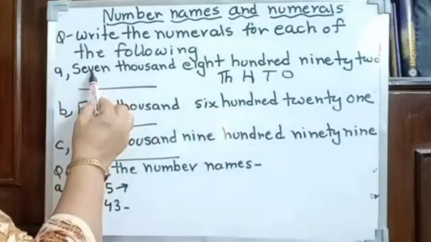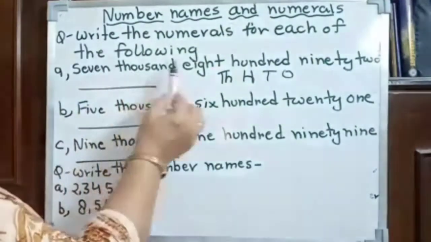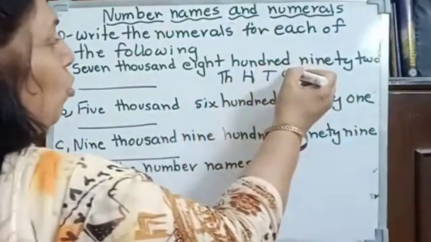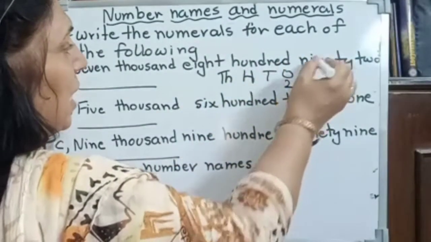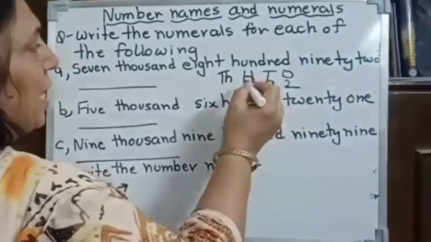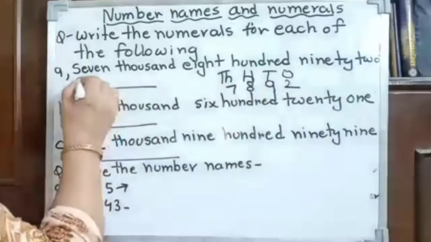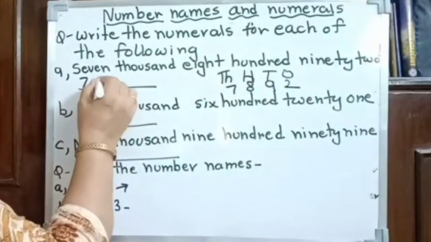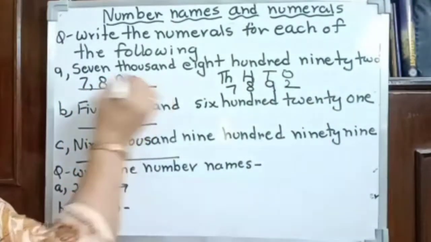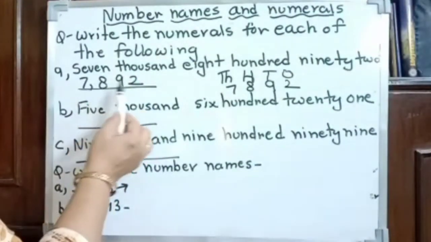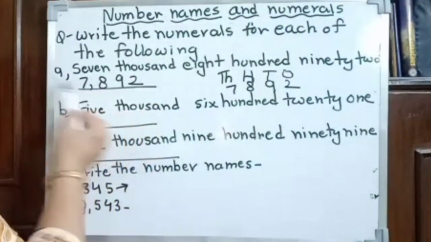Now read the number from this side. 7892 means 2 we have in ones place, 9 tens, 800, 7000, means 7892. Here these three are best friends, so put a comma here.